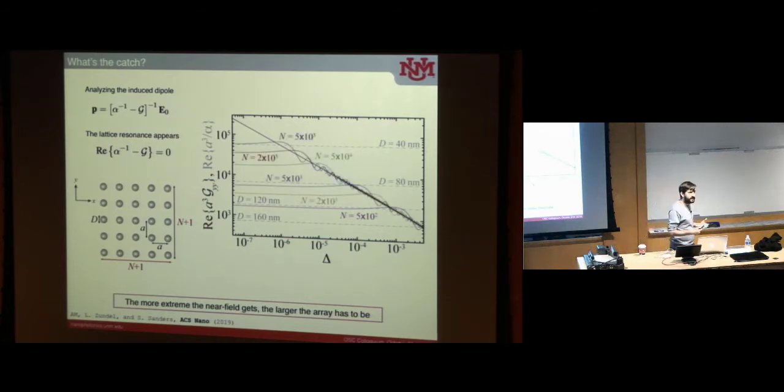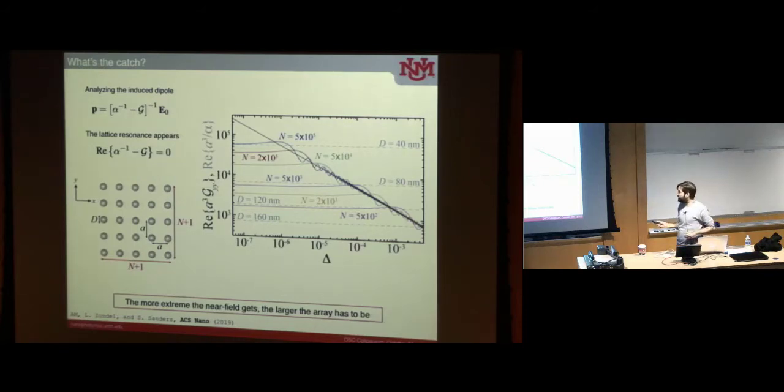But in order to reach these crazy limits I was telling you about, we are predicting a very large number of particles. Of course, now is where the fabrication comes in. If you are able to make an array that is large enough so you have enough particles interacting, you can make your field as large as you want, because in the end you are summing the field contributed by each of those little particles.